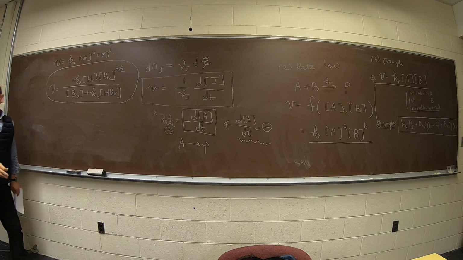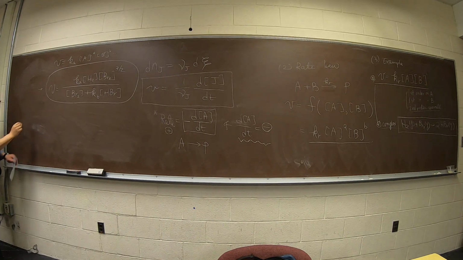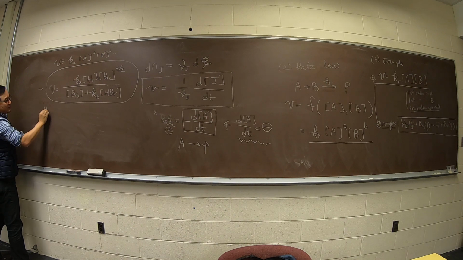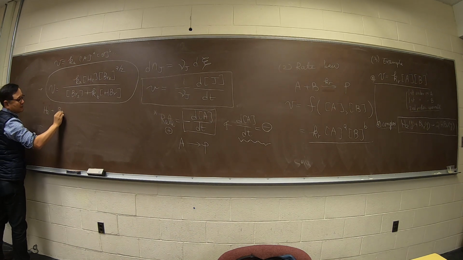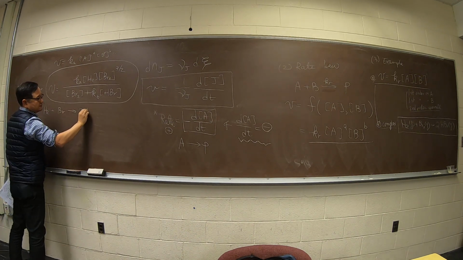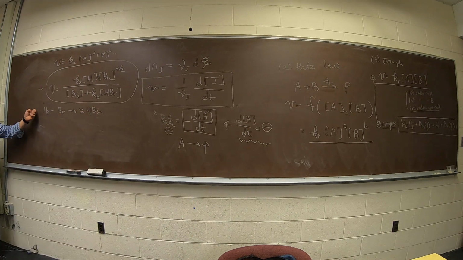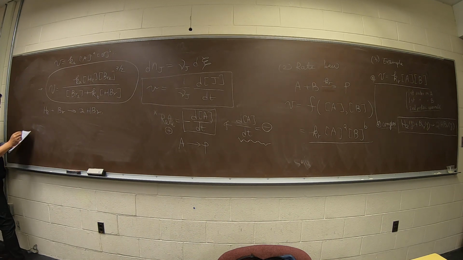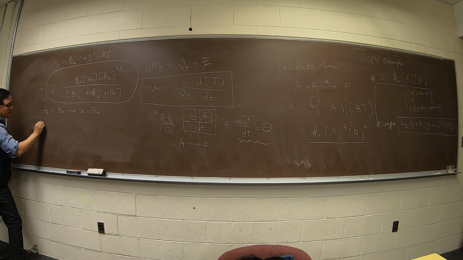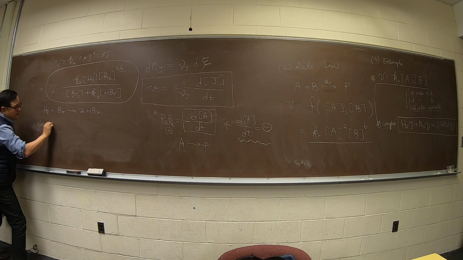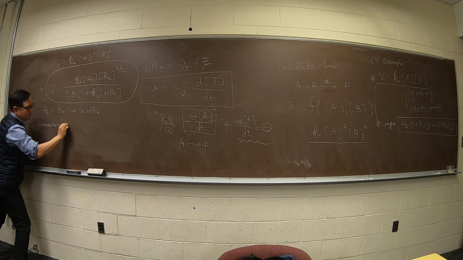This is what I thought, but this is not. And the reason is because, I'm going to write this equation one more time, this reaction I just wrote here is not a net reaction. It is a net reaction. Okay? It is what we call the elementary reactions.